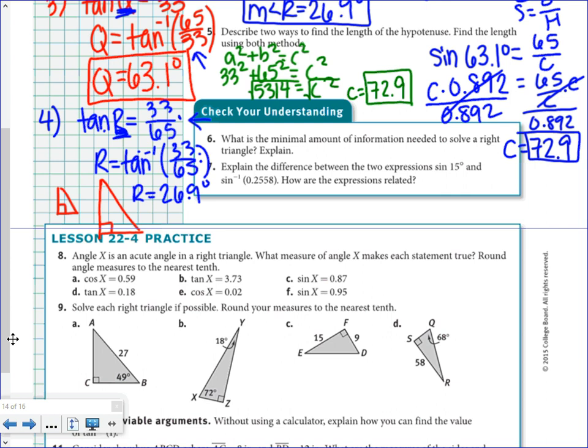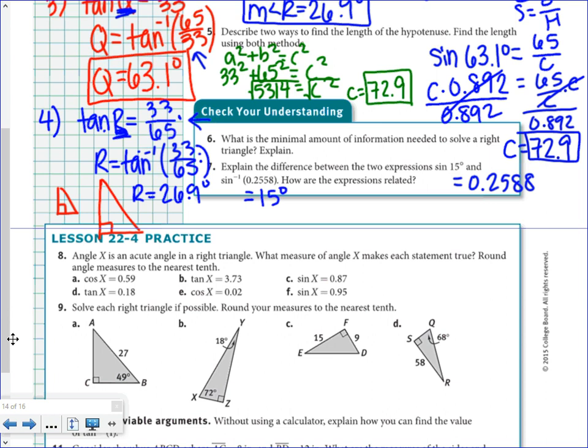Looking at number 7, what's the difference between the expression sine of 15 and sine inverse of 0.2558? So if you use your calculator, sine of 15 is 0.2588, and sine inverse of 0.2558, if you round to a whole number, is 15 degrees.